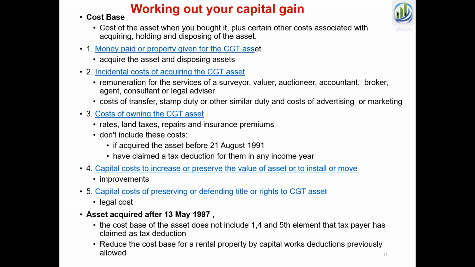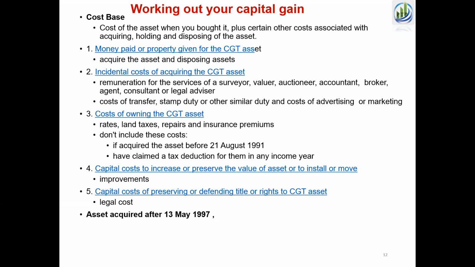I'm going to explain the last point through an example, how the capital works deduction happens and how we are going to treat that one. So at this point, what I want to say is, there are 5 elements in the cost base, and if I deducted previously any cost, sorry, legal cost, you cannot claim again, right?